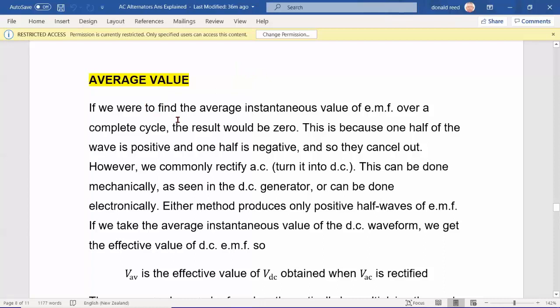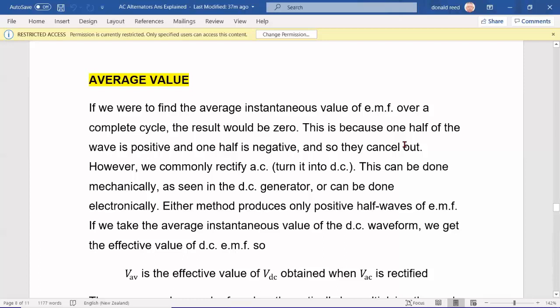So if we were to find the average instantaneous value of EMF over a complete cycle, the result would be 0. This is because 1/2 of the wave is positive and 1/2 is negative, and so they cancel out.